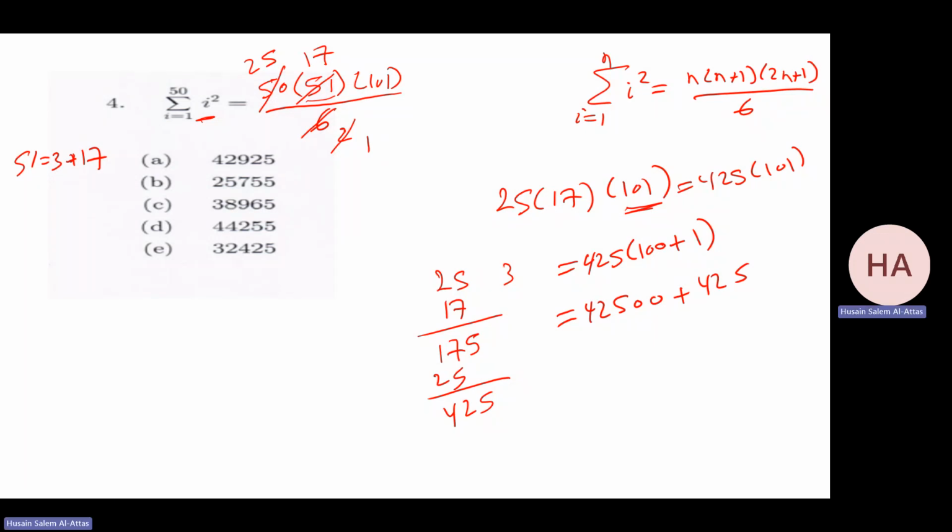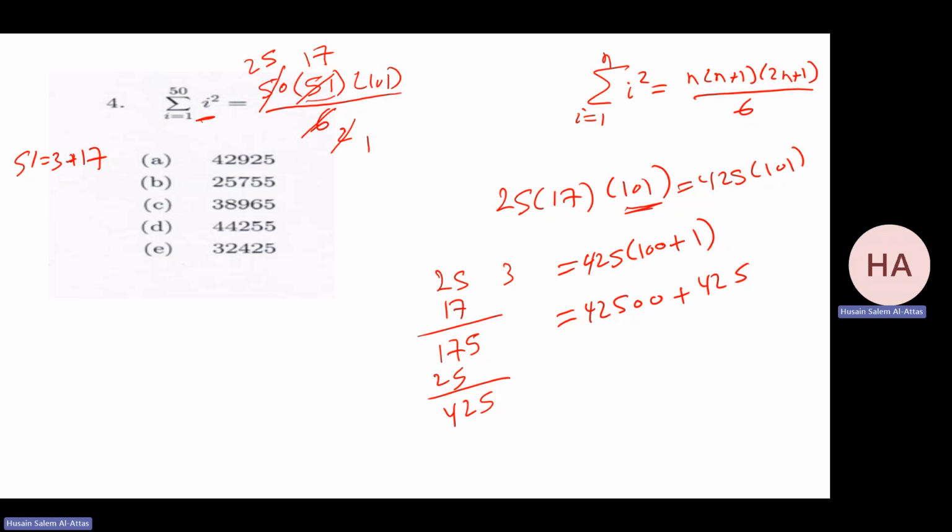25 times 17, 425. I need to multiply it by 101. It's 50 plus 1, 51, and 2 times 50, 100 plus 1, 101, over 6.